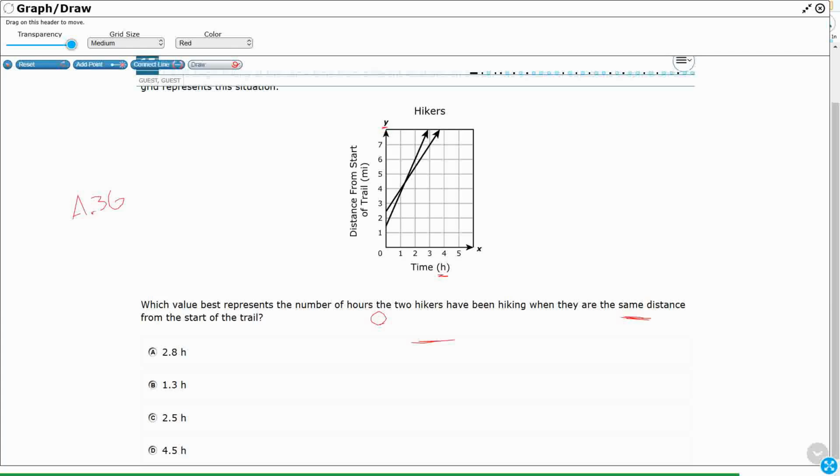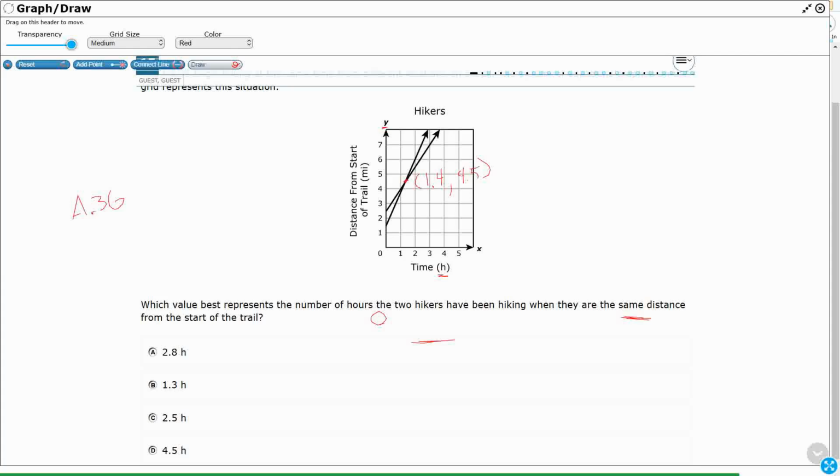So we're the same distance. And the question is how many hours have they been hiking? Okay, so they are right about, I'm going to call it right there. And I'm going to say that is an x of maybe 1.4 and a y of about 4.5.